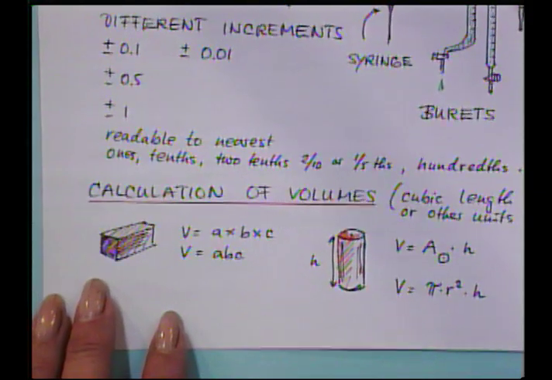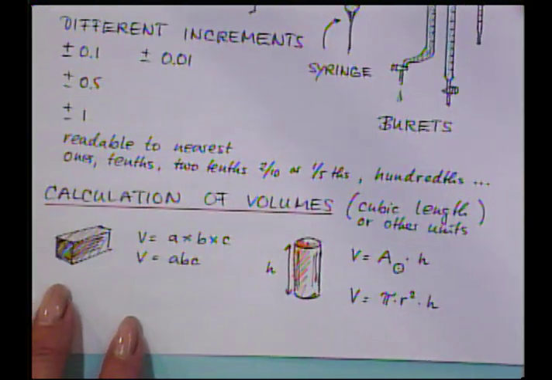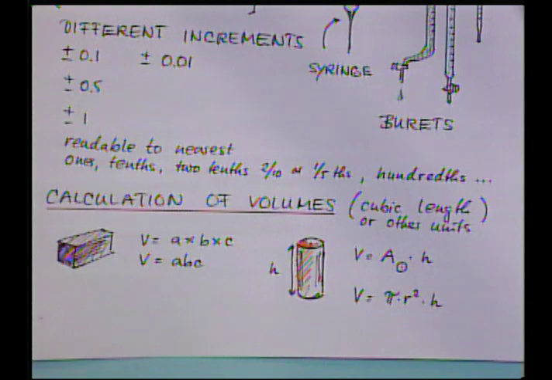And if we have a regular object and we want to determine density, then we can actually also calculate the volume. Like this geometric object can easily be determined, the quarter, by the different side lengths. So A times B times C, length times height times width, and we get the cubic length units. A cylinder is a little bit more difficult.